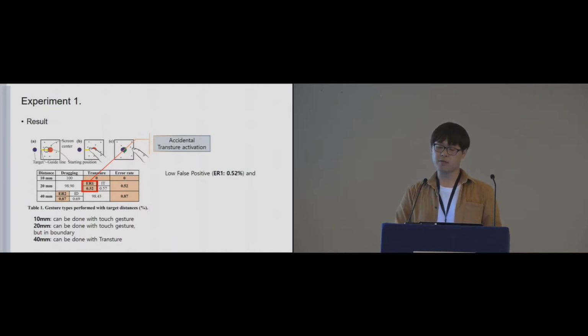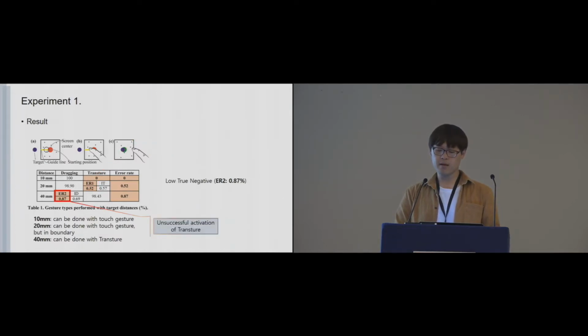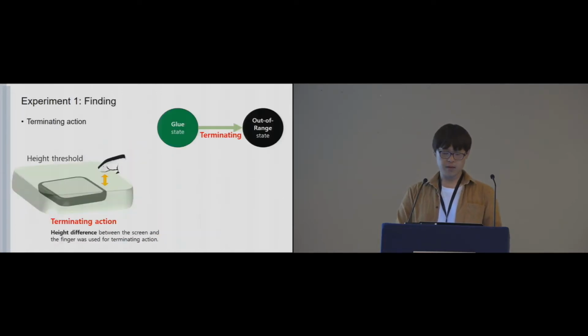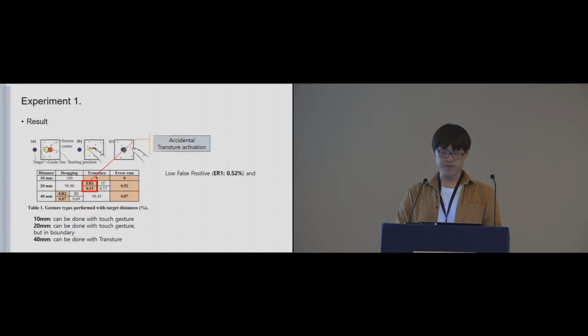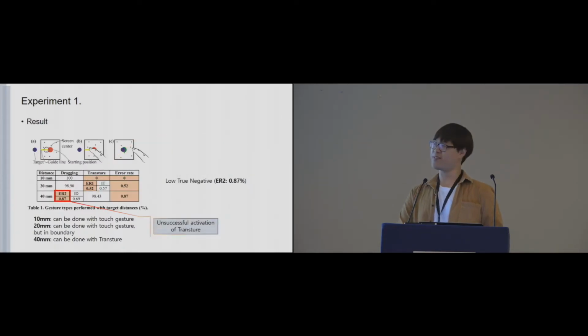And in the case of the 40 mm target, some trials failed to activate transistor, but this unsuccessful activation only occurred in 0.87% of the whole trials. So this designed relaxation action is working well.